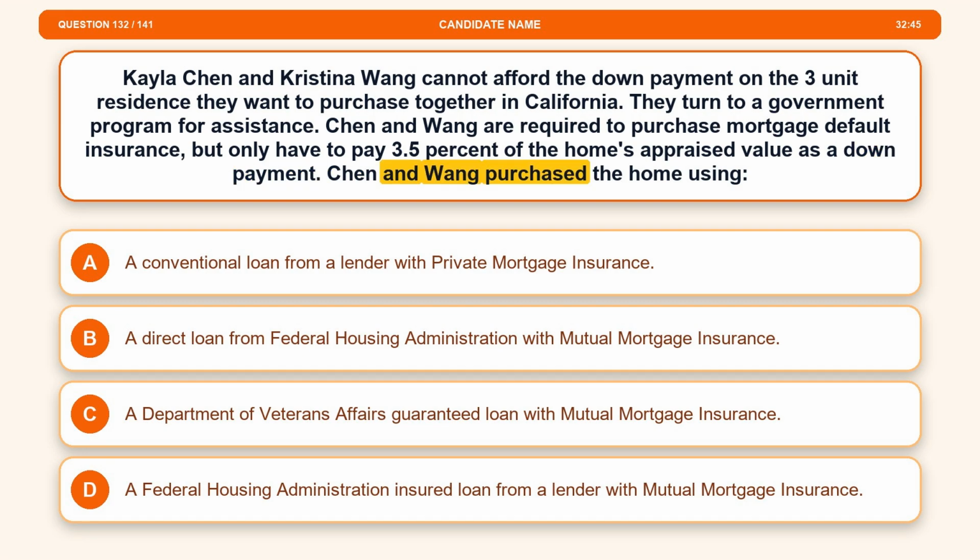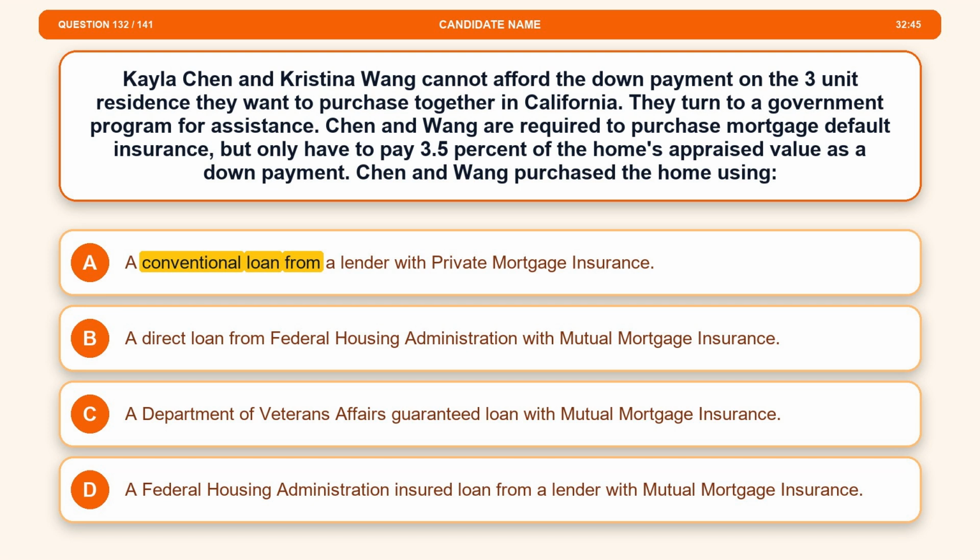Chen and Wine purchased the home using Option A, a conventional loan from a lender with private mortgage insurance. Option B, a direct loan from Federal Housing Administration with mutual mortgage insurance. Option C, a Department of Veterans Affairs guaranteed loan with mutual mortgage insurance. Option D, a Federal Housing Administration insured loan from the lender with mutual mortgage insurance.